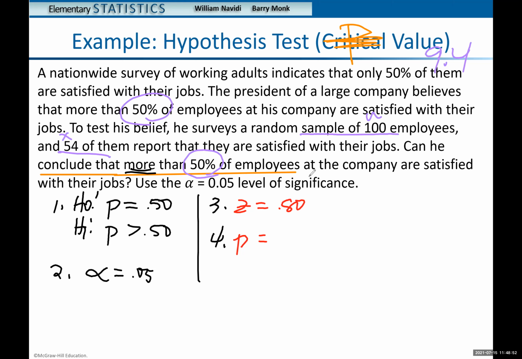Try it again, and make sure that you didn't accidentally type 0.51 instead of 0.50. If it's 0.5 or 0.50, it should be the same.